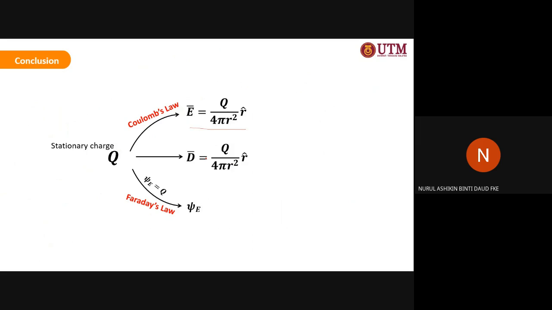And if you can recall again, this electric flux density can also be obtained by Coulomb's law, by multiplying the electric field intensity with epsilon naught. You will get the electric flux density.